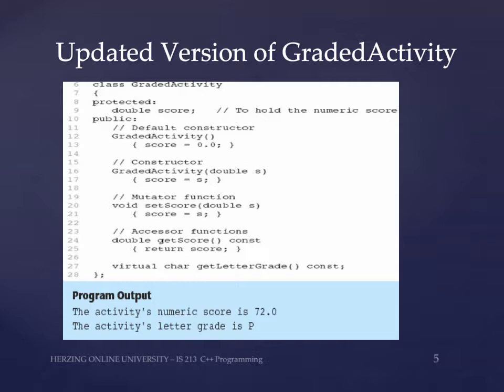This type of behavior is known as polymorphism, and the term polymorphism means, again, the ability to take many forms.